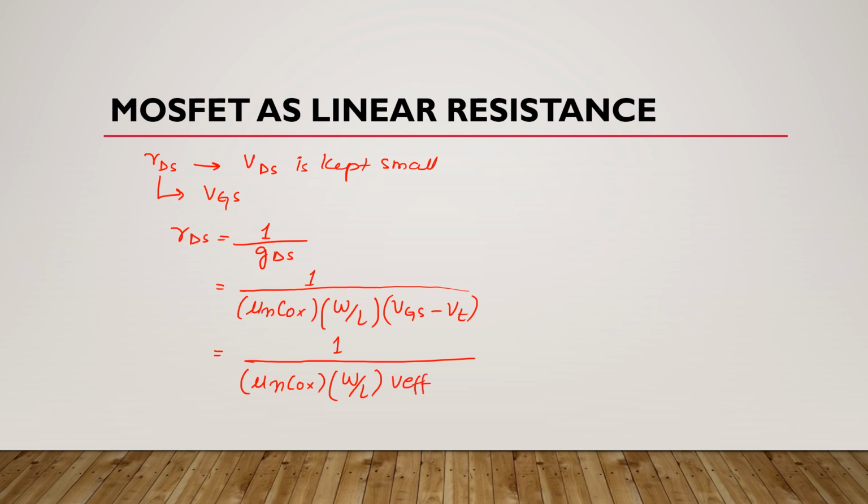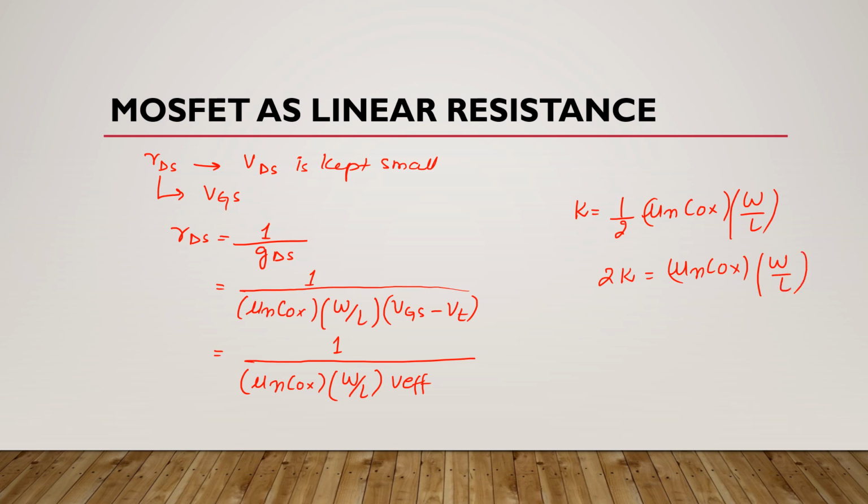Now we know that MOSFET transconductance parameter is given by this equation. It means 2K is equal to this term.